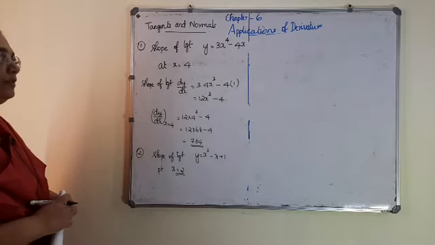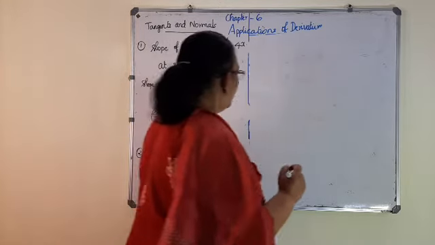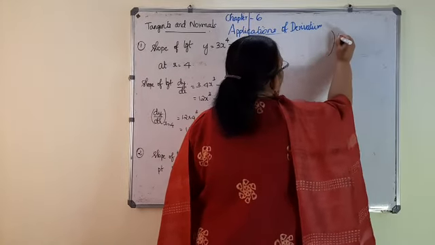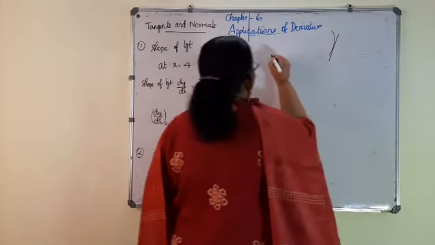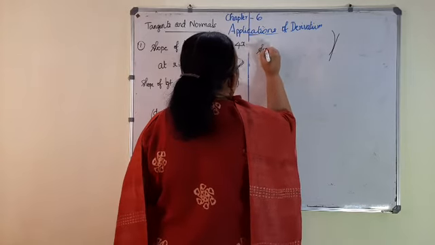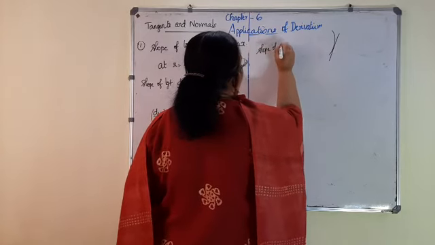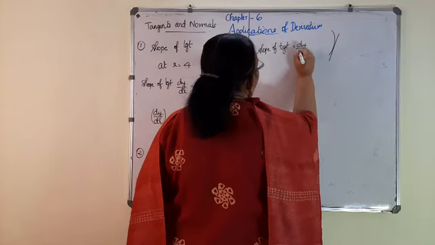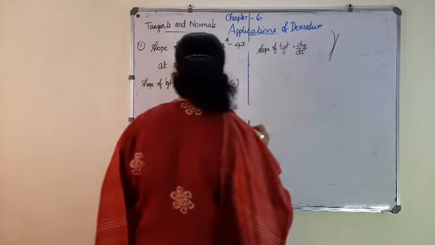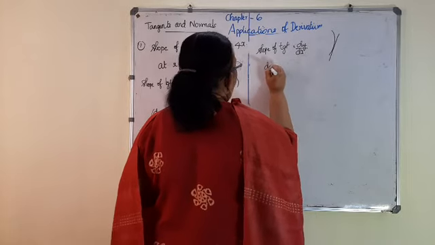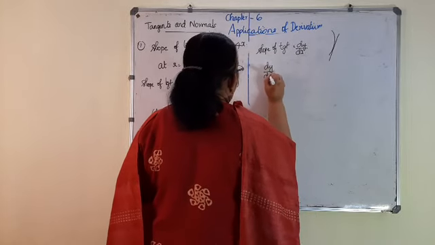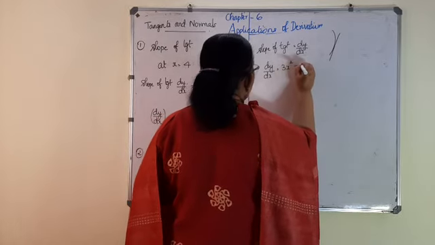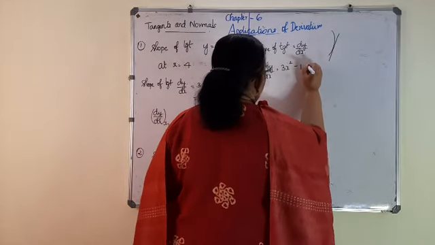Find the slope of the tangent to the curve. So there is a curve. Slope of the tangent. So what is slope of the tangent? It is equal to dy by dx. So what is dy by dx? 3x squared minus 1 plus 0.